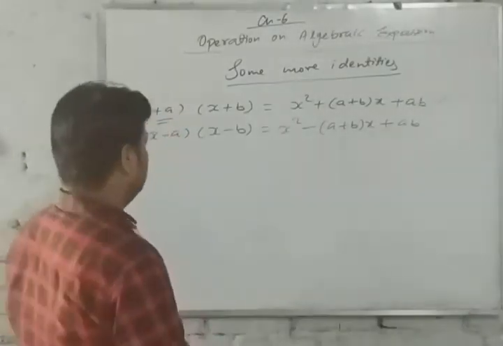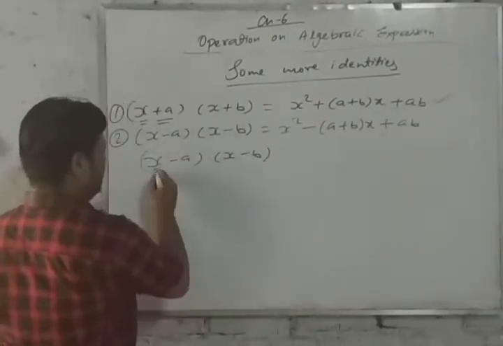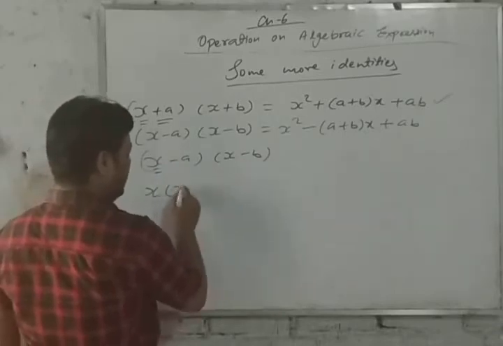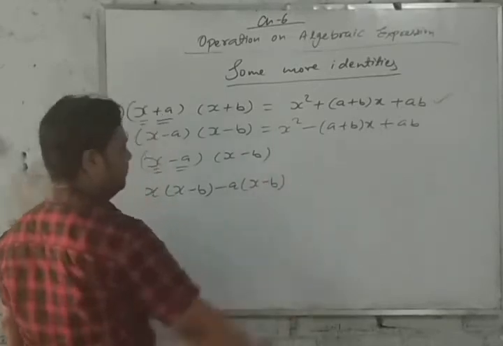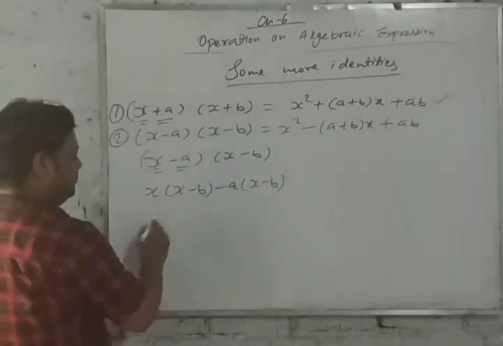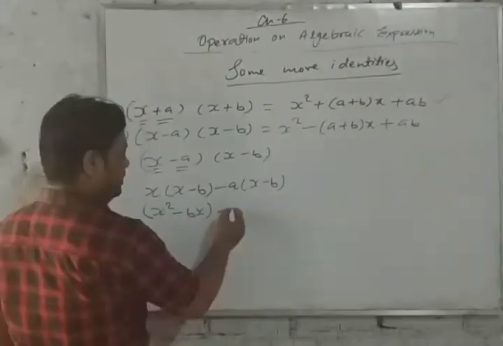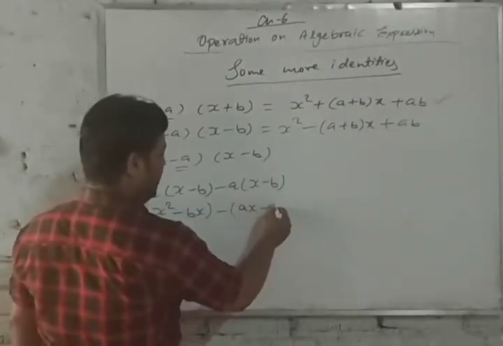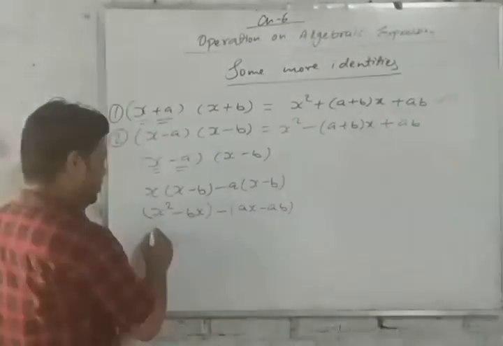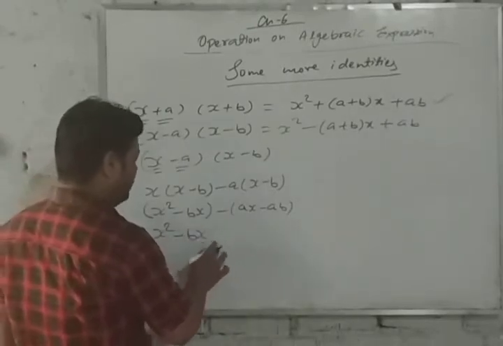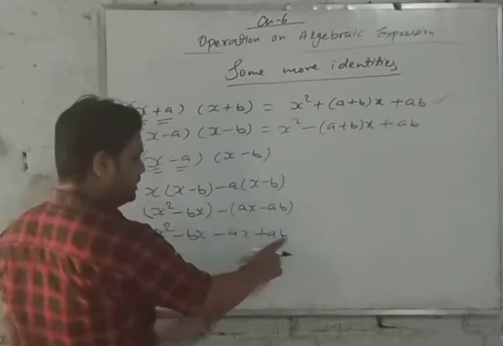Let's prove it also. (x minus a)(x minus b): first term x times (x minus b), then minus a times (x minus b). Multiply: x square minus bx, then minus ax plus ab. Always keep it in brackets for now. Now in the next step we remove the bracket: x square minus bx minus ax plus ab, because with a minus outside, the sign will change.